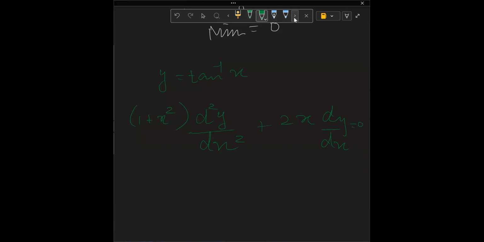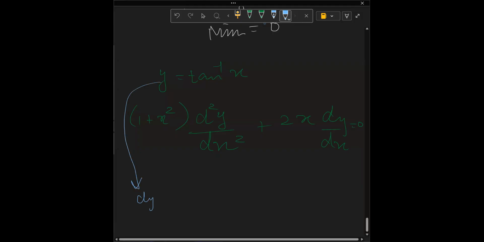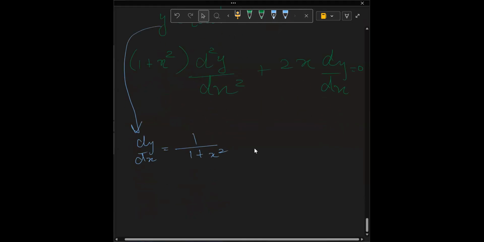All right. So इस क्वेश्चन में है ये. ठीक है. What is dy by dx? So dy by dx will be 1 by 1 plus x square, है ना.